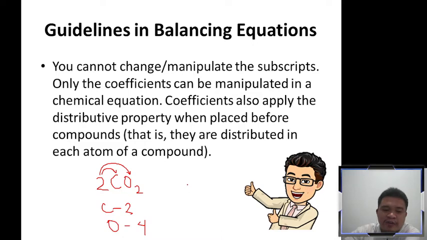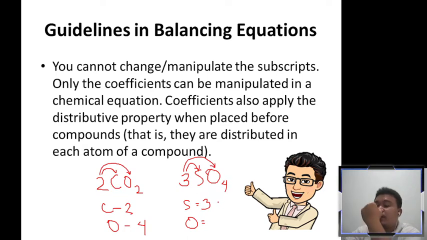Okay? So another example, let's say I will write 3 SO4. So that means that we apply the distributive property. That means my sulfur here has 3 atoms, and my oxygen here, since it's 3 distributed to oxygen with a subscript 4, all I need to do is multiply 3 by 4, so that means it has 12 oxygen atoms from this compound alone.